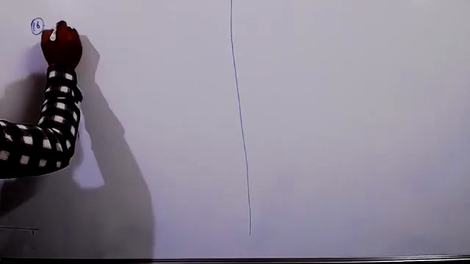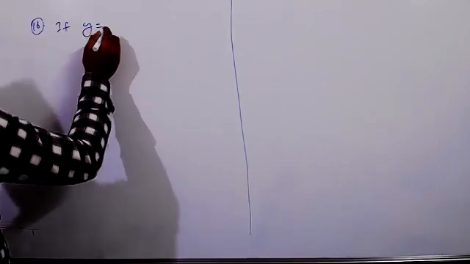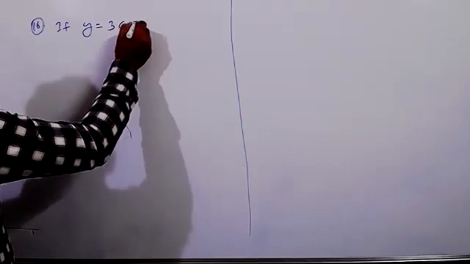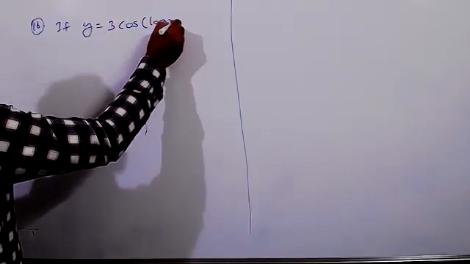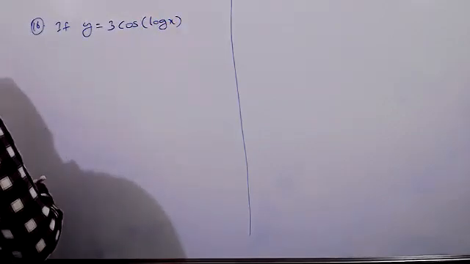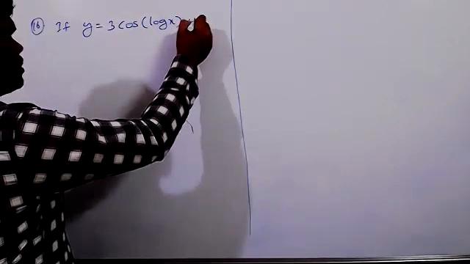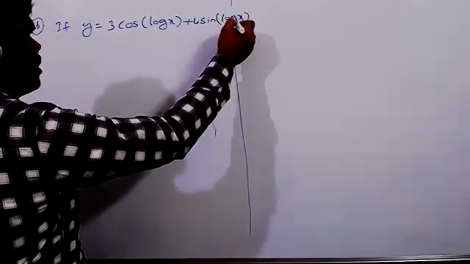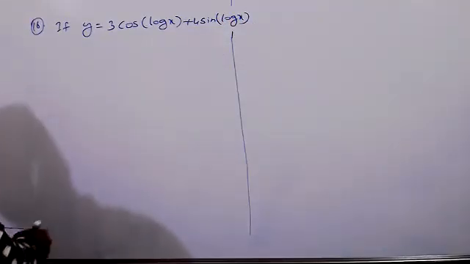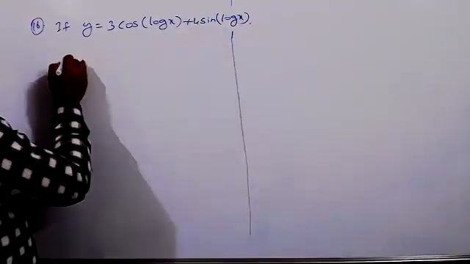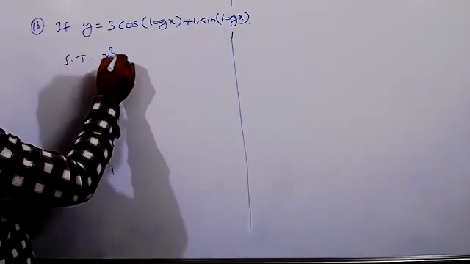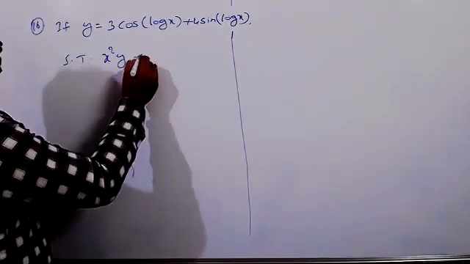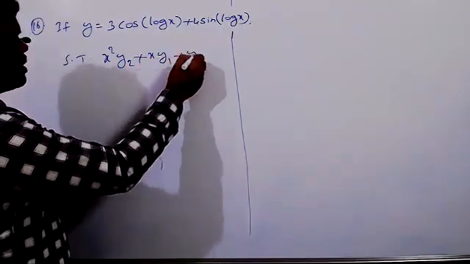If y equal to 3 cos of log x plus 4 sin of log x, show that x square y2 plus x y1 plus y equal to 0.